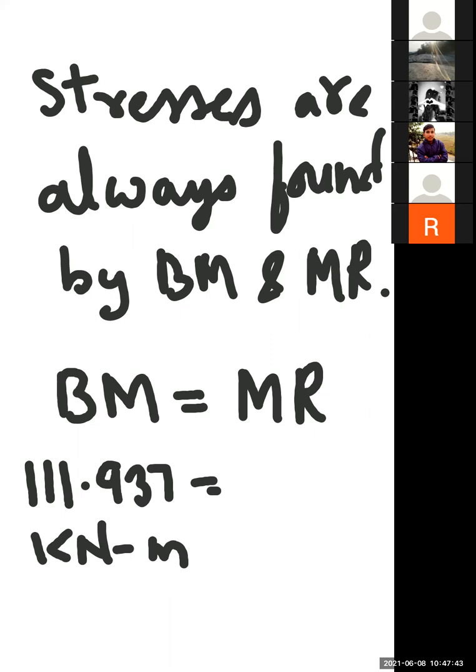What is the moment of resistance formula? Again, silence. Ma'am, C into lever arm or T into lever arm?